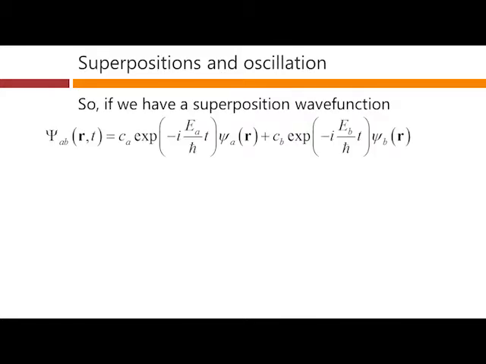So if we have a superposition wave function of one particular function in space with its energy and some coefficient Ca here, and another function in space with its energy and some coefficient Cb here, this is just a linear superposition of two states.